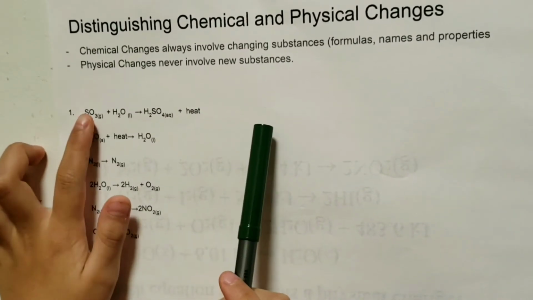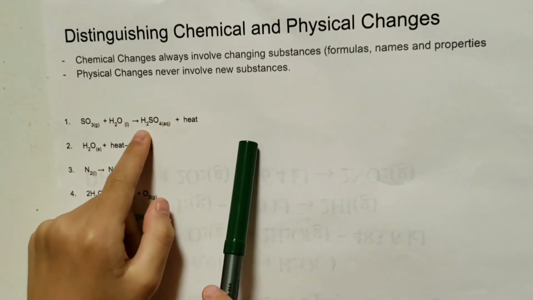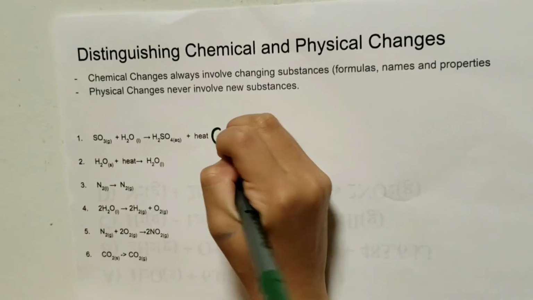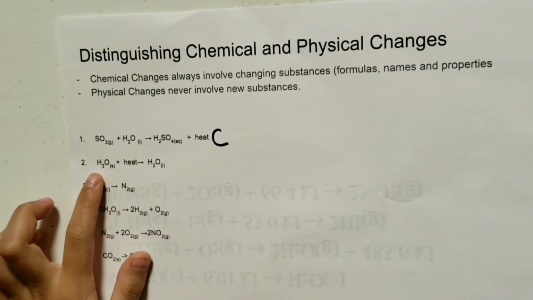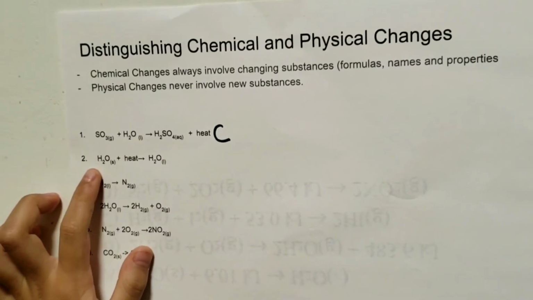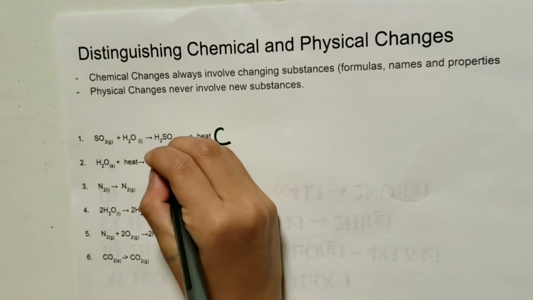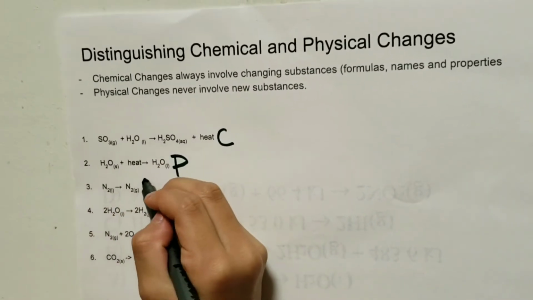Notice here that these chemicals are not the same as this chemical. So now we know it's a chemical change. The second one has the same formula, so now we know it's a physical change. These formulas are also the same, so it's a physical change.